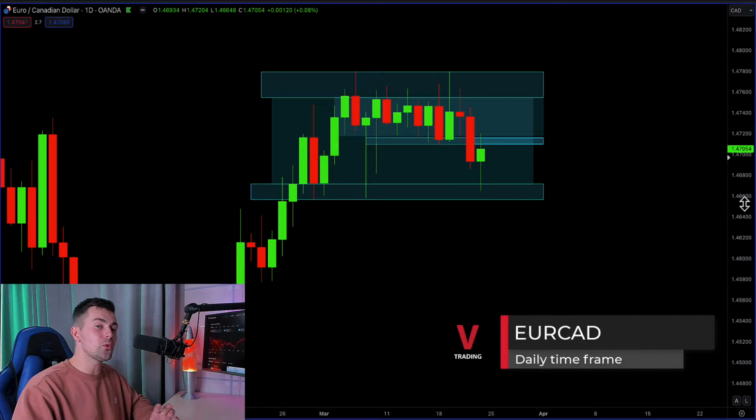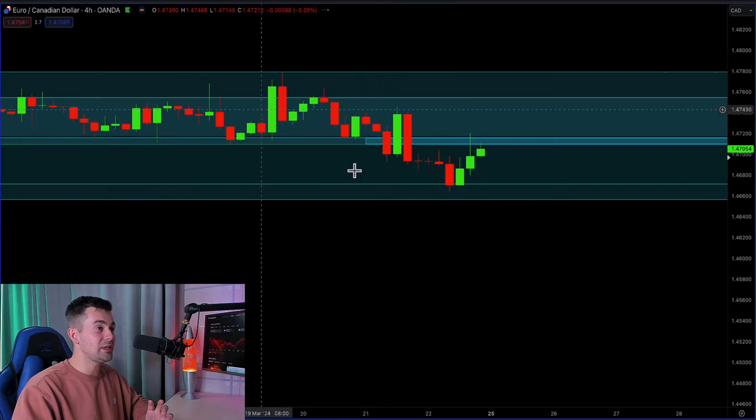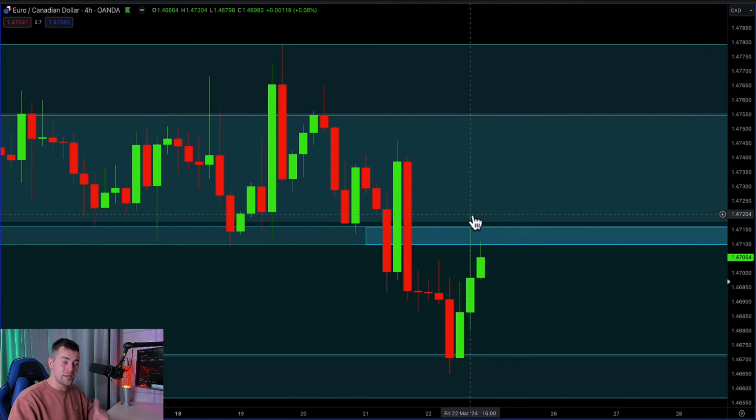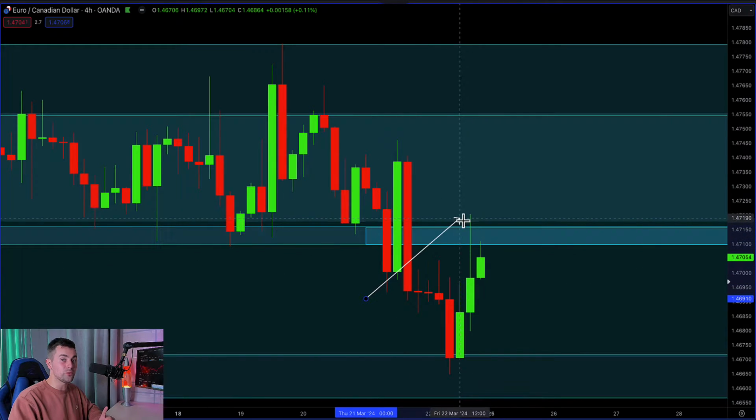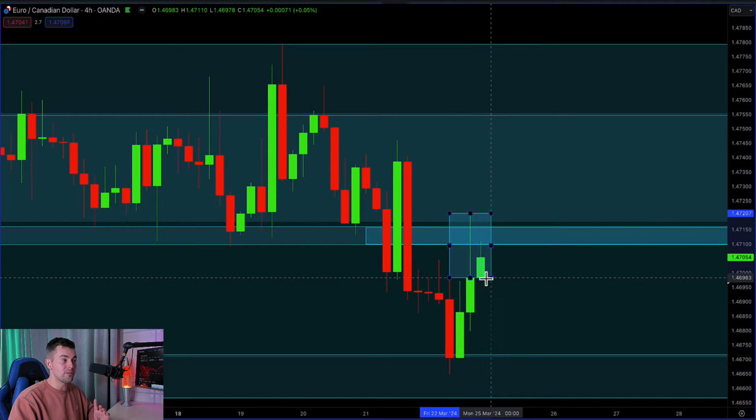If we analyze how EuroCAD reacted to that broken support of the range on the daily, we can spot again a very important bearish clue here. You can see that the pair turned very bullish. However, after the test of the broken structure, we formed a very strong rejection here. By the rejection, I mean that the wick of that candle here is bigger than its body.